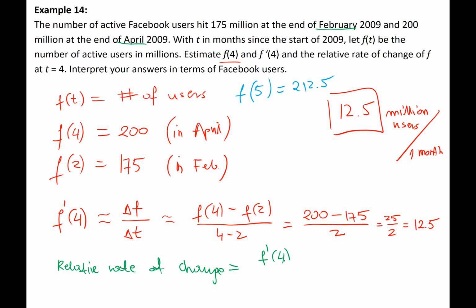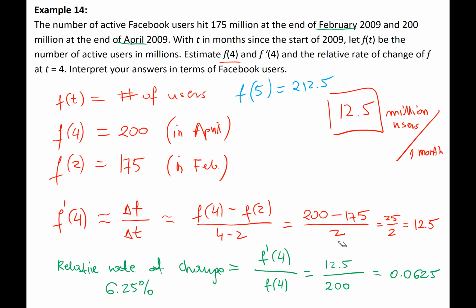In April it will be the rate of change over the value of the function in April, the number of users. That is 12.5 million users per month relative to 200 million users. I did the math, and it is 0.0625, which as a percentage means the relative rate of change is 6.25%.